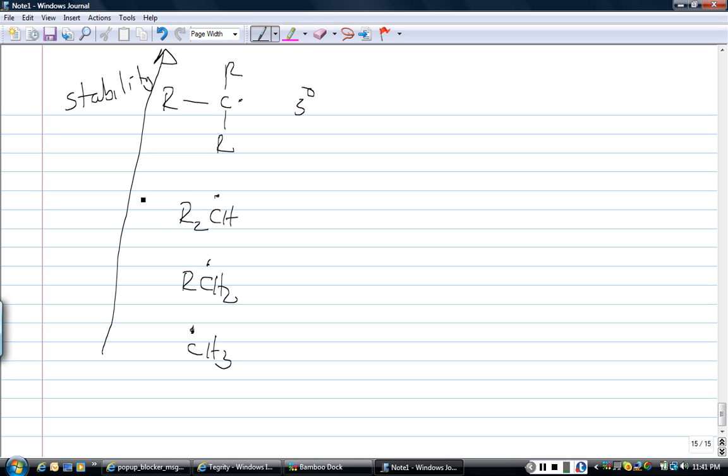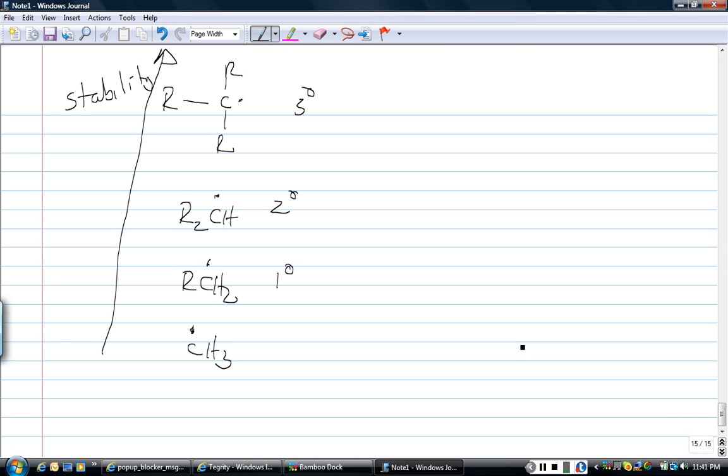Even though free radicals do not have a positive charge, as do carbocations with their cousins, secondary, this is primary, this is methyl, free radicals are electron poor. The carbons only have a septet of electrons. The carbocations, the carbons only have a sextet.